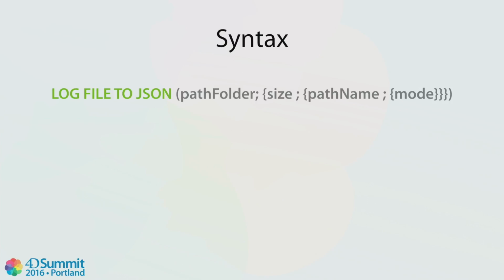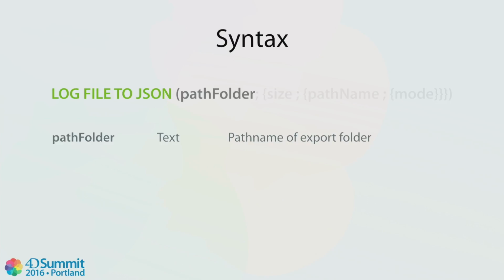Now the command itself is very simple to use. You tell the command the path to the folder where you want to save the log file. If the log file needs to be split up into a number of segments, it will do so. You can also set the size of the exported file. For example, say you have a log file that is 50 megabytes.